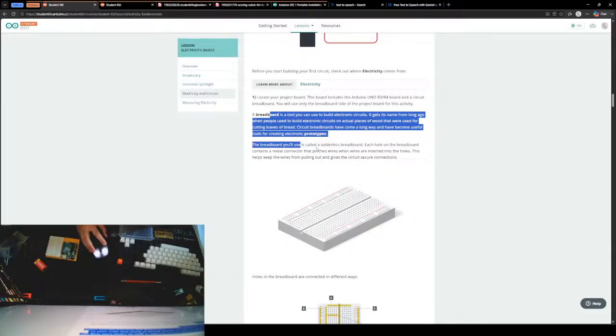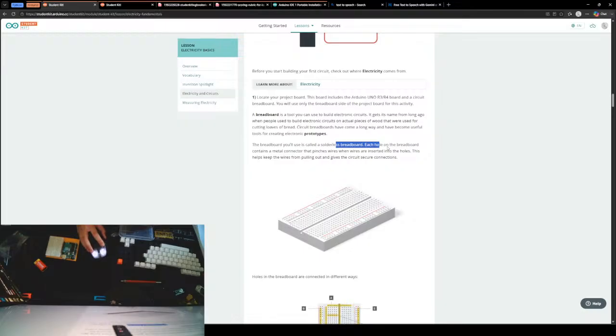The breadboard you'll use is called a solderless breadboard. Each hole on the breadboard contains a metal connector that pinches wires.